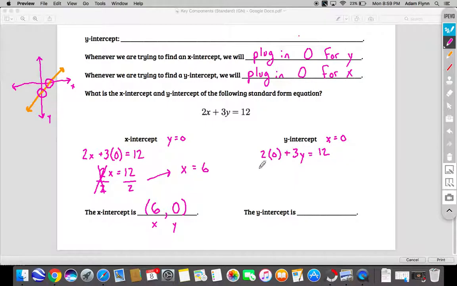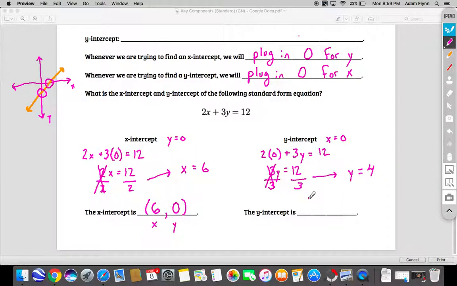So 2 times 0 is 0, so we're left with 3y equals 12. So to solve for y, I'll divide both sides by 3. These 3's cancel, and I end up getting y equals 12 divided by 3, which is 4.